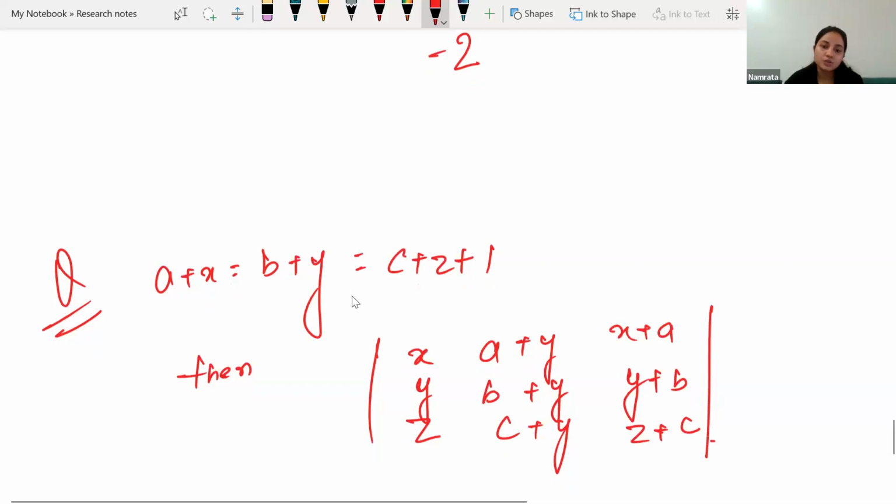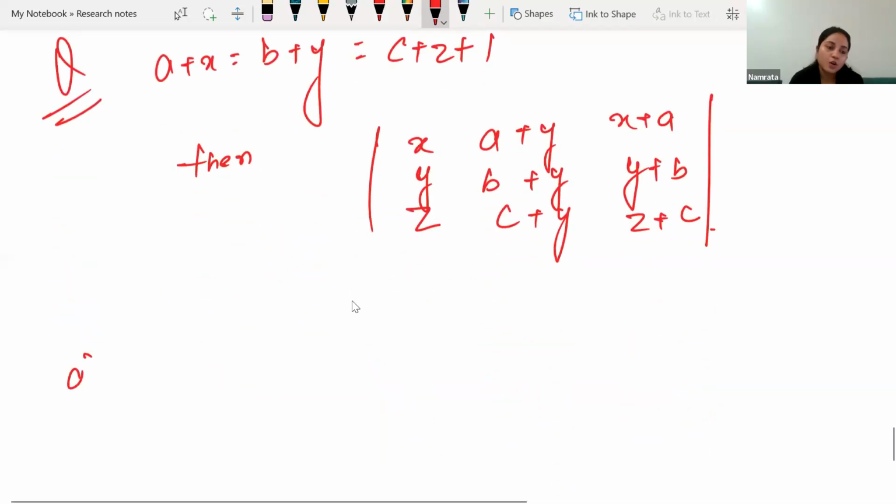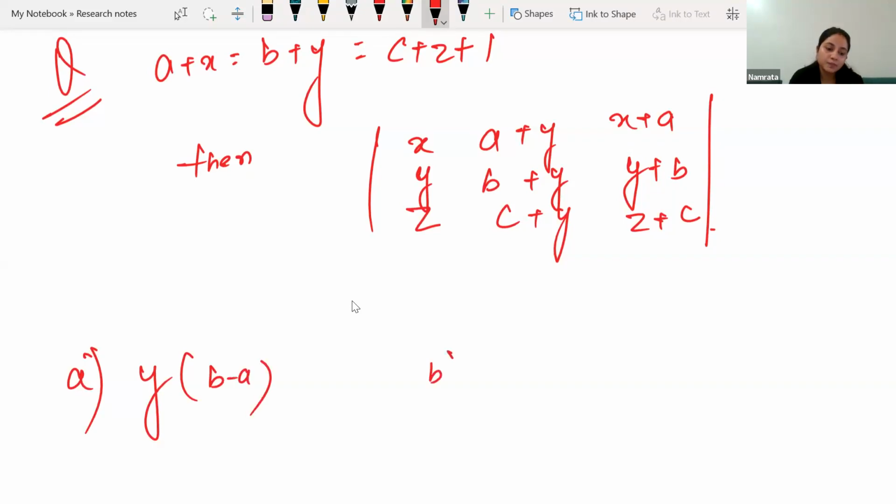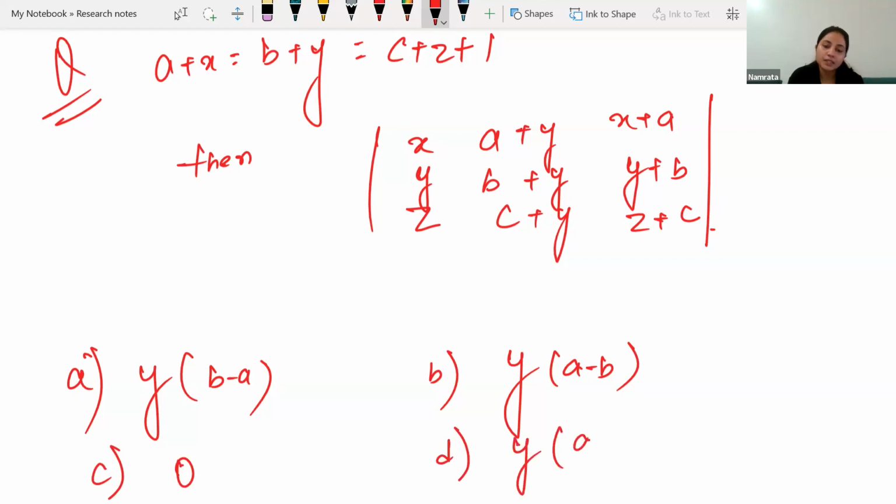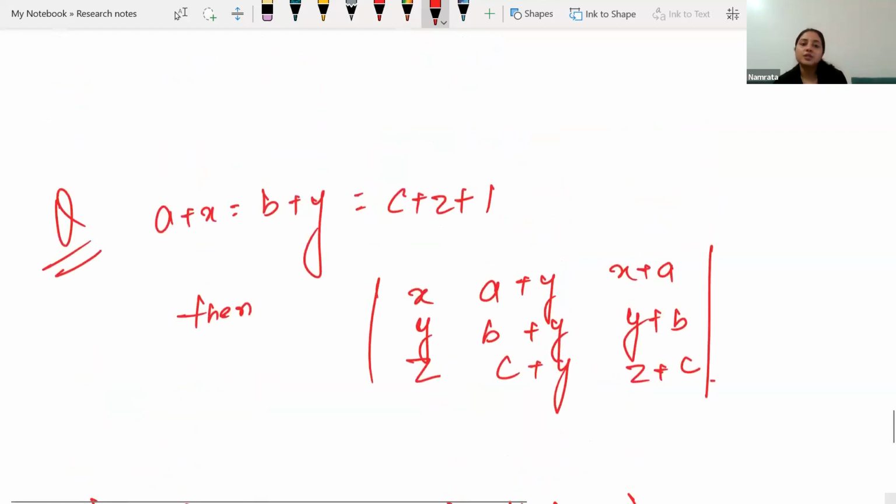This is equal to, options are option A, y, b minus a, option B, y, a minus b, option C, 0, and option D, y, a minus c.